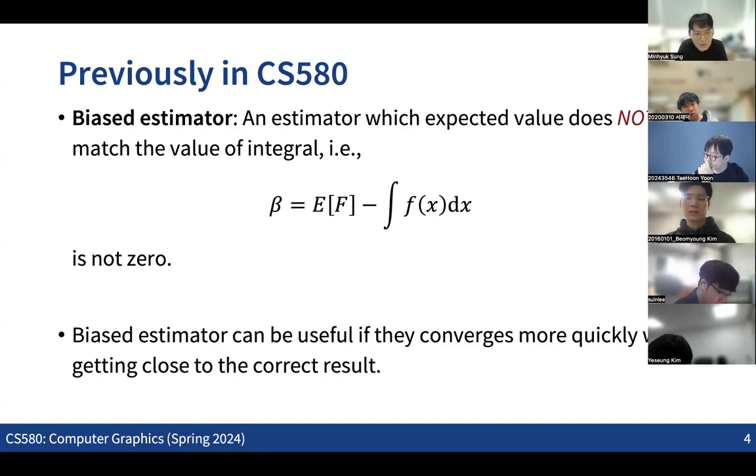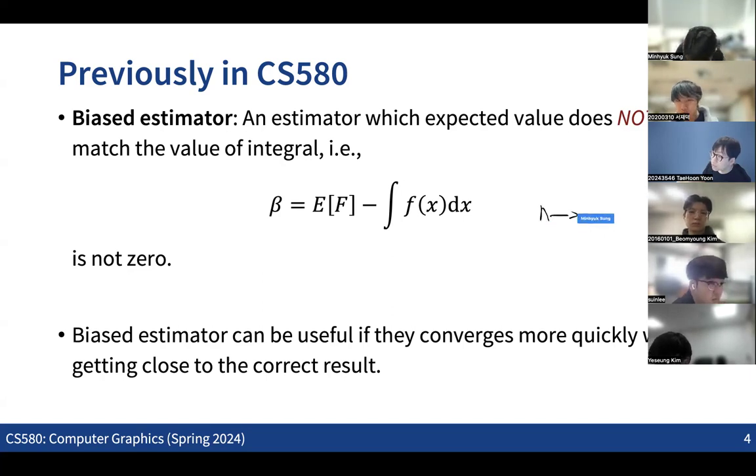That was the example we saw in the last lecture. For the Bessel's correction case, even with a biased estimator of the variance, the estimator can converge to the true value when the number of samples goes to infinity.